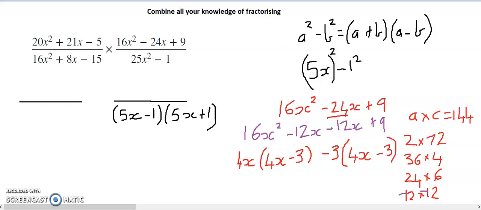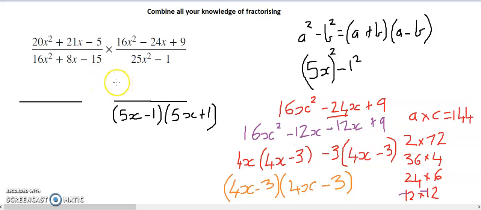And now I get 4x times 4x minus 3 and negative 3 times 4x minus 3, which means 4x minus 3 is a common factor and that is multiplied with 4x, and it's also multiplied with negative 3.